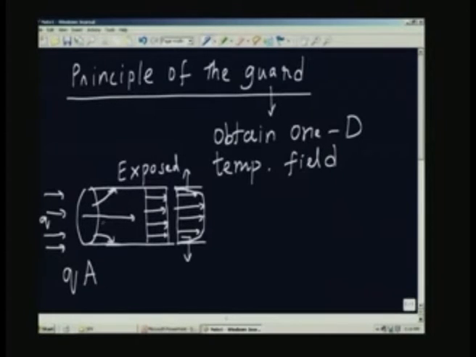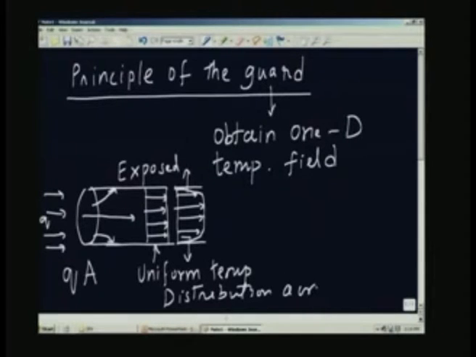Now, if this amount of heat is transferred axially, then I can equate it to the amount of heat transferred in the cylinder by conduction, if the temperature profile forms this particular pattern, uniform across the probe, uniform temperature distribution across the probe.